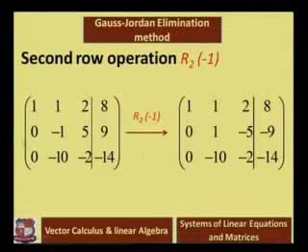Now observe that matrix. That is the position of the second leading one, but we have the entry minus 1. We convert that entry to the leading one. For that, we take the operation R2 times minus 1, that means multiply the second row by minus 1, and the resultant row is 0 1 minus 5 minus 9.